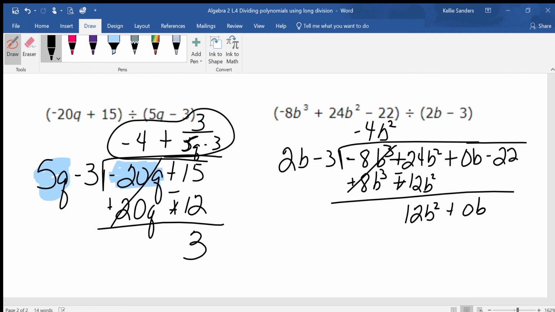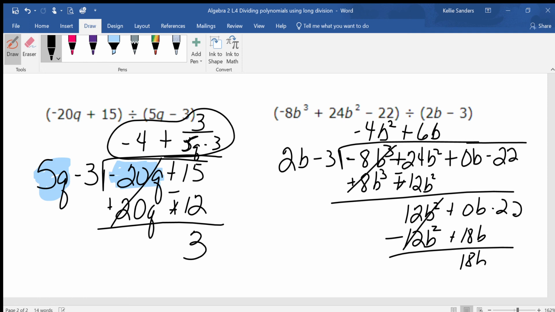Bring everything else down. 2 times what is 12? 6 with an extra b. So 6b times 2b is 12b squared. 6 times negative 3 is negative 18 with a b. Draw your line, change your signs. 0 plus 18 is 18.